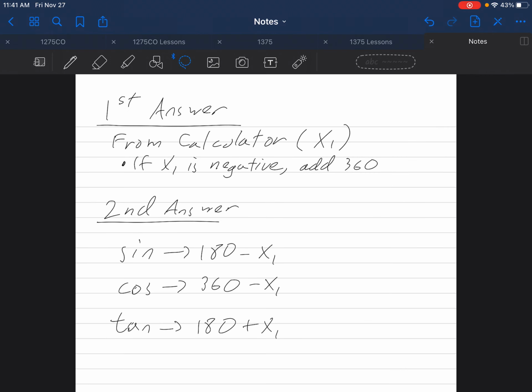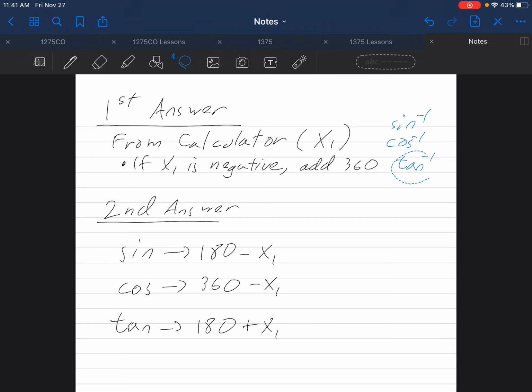when you solve your trig equation, your first answer you can use your calculator for. And that's good. You're going to be typing in your inverse trig function, either inverse sine, inverse cosine, inverse tangent. And if your calculator produces a negative angle as an answer, don't worry. That's normal.